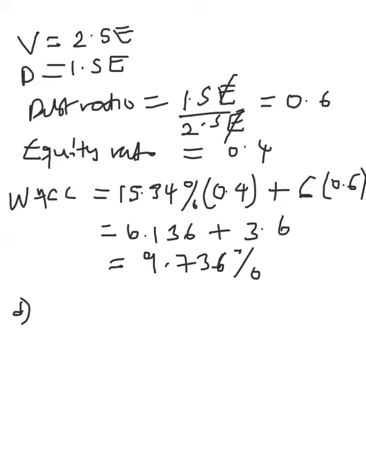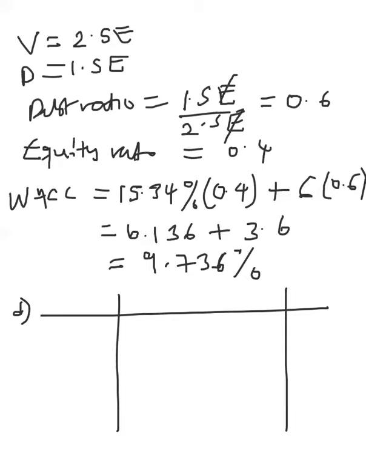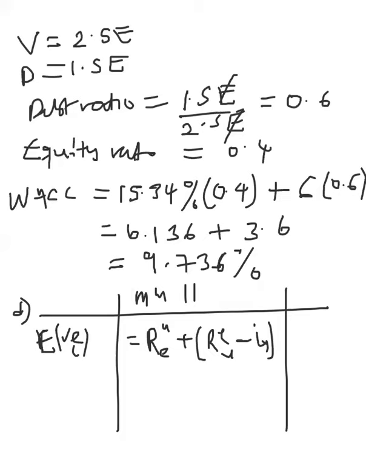Okay, so now from here we know the MM2 formula: the expected RE of a leveraged firm is equals to RE of unleveraged firm plus RE of unleveraged firm minus ID, multiplied by debt to equity ratio.